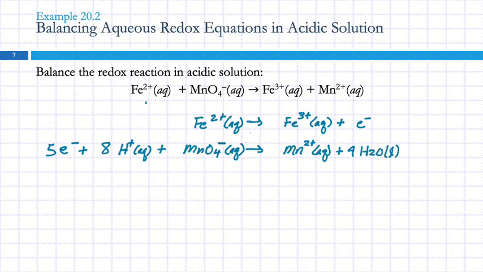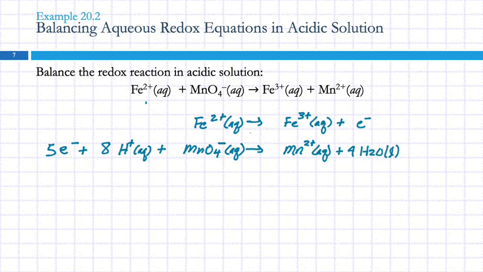What's the next step? We need to get the number of electrons the same. Right now we have one iron 2 ion. It's losing 1 electron, but down here this has to gain 5 electrons. We need this one to be losing the same number of electrons that this one is gaining.